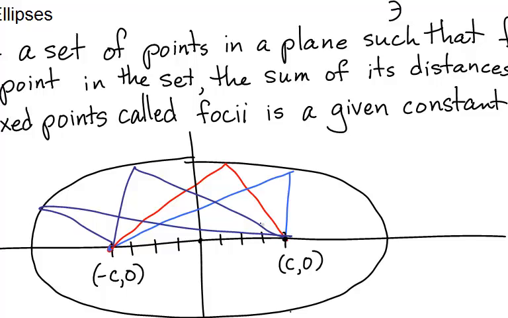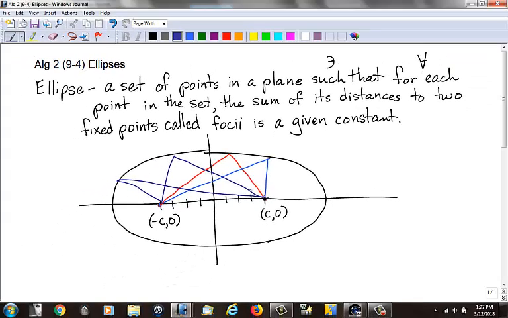Okay, and examples, they used to have elliptical pool tables, and they would put one hole here, just one hole, and then the people that knew their math would know that to get the ball in that hole, they had to put the ball over here at the other foci point.